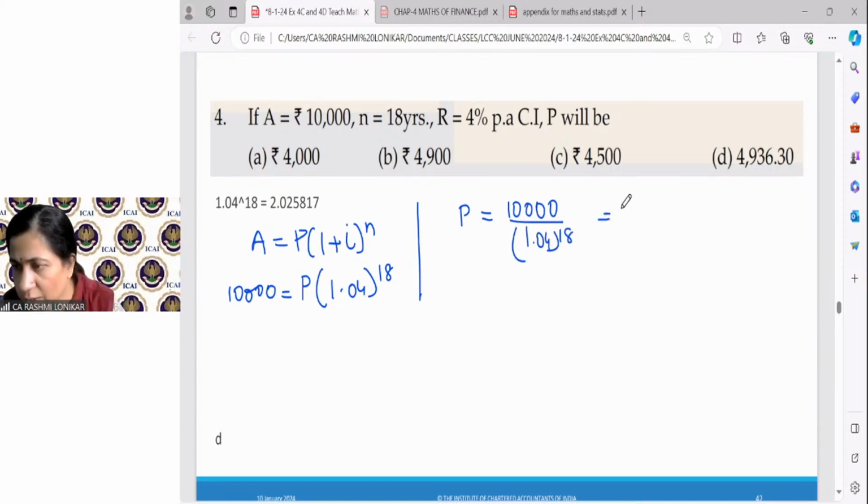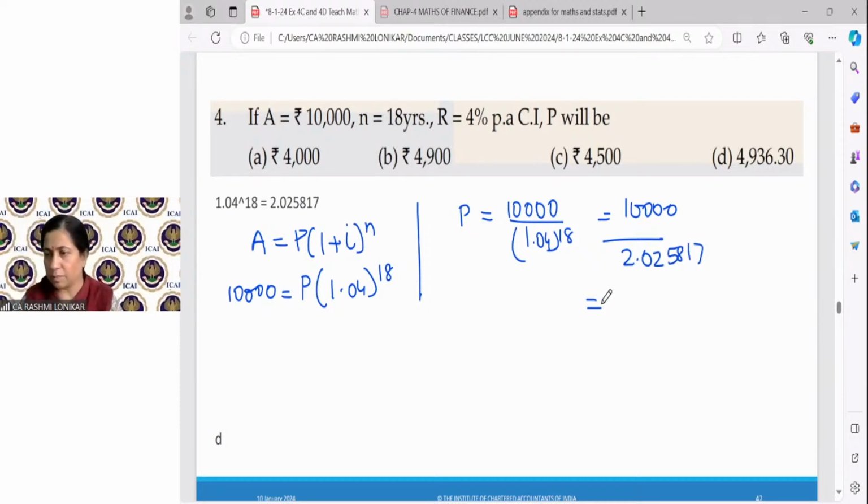So this is nothing but 10,000 upon 1.04 raised to 18, which is 2.025817. So how much will this be? 10,000 divided by 2.025817, which is equal to rupees 4936.28. So D will be the correct answer.